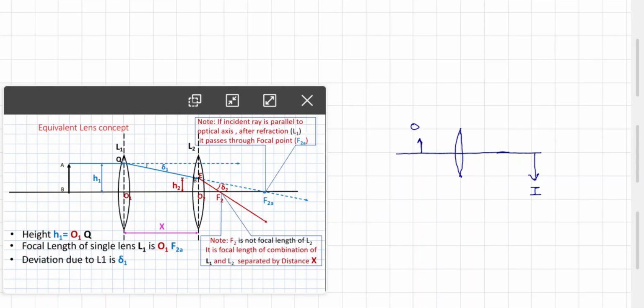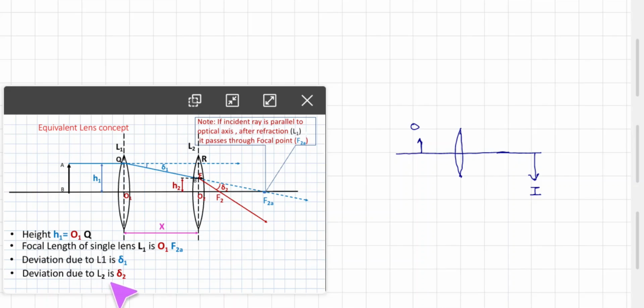Now remember that as the parallel ray was incident at height h1, after refraction this ray is incident on the second lens at height h2. So here it is h1, here it is h2. Deviation due to L2 is delta 2, so this is delta 2. This is deviation due to 1, so total deviation is delta 1 plus delta 2. So x is equal to QR that we saw. So here it is QR.